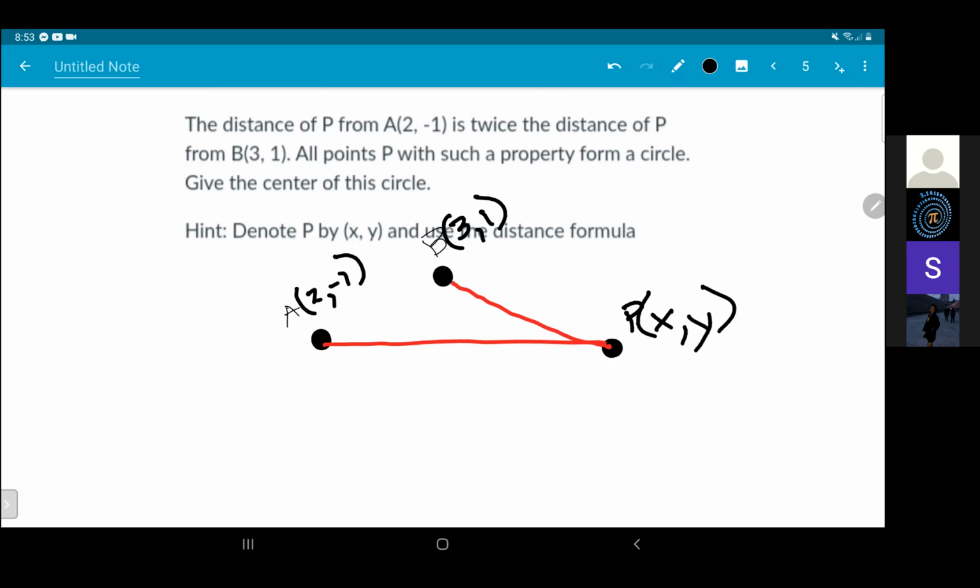So calculate the distance from A, represented by segment AP, and then that's twice the distance from B, twice PB. Compute AP using the distance formula.